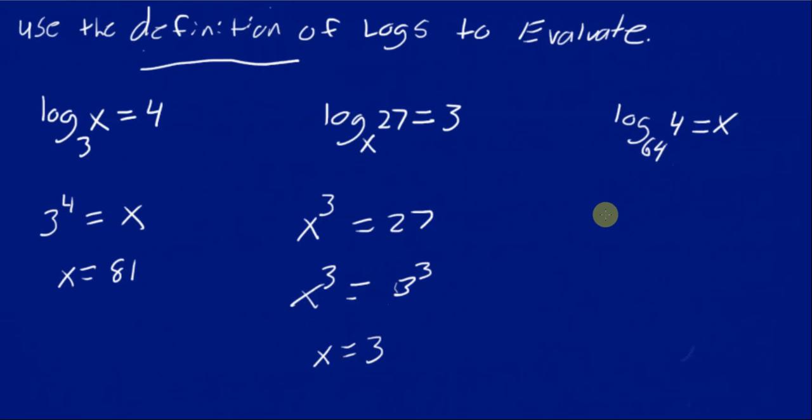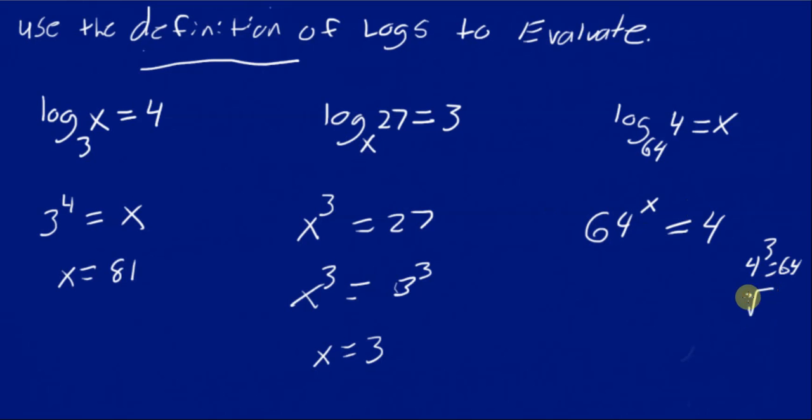All right, the next one's a little more difficult, but nothing bad. 64 is the base raised to the exponent x is equal to 4. Well, I know 4 cubed is equal to 64, but that's not what the question asked me. It asked me what 64 raised to what power is equal to 4. Well, the inverse operation of cubing is the cube root.